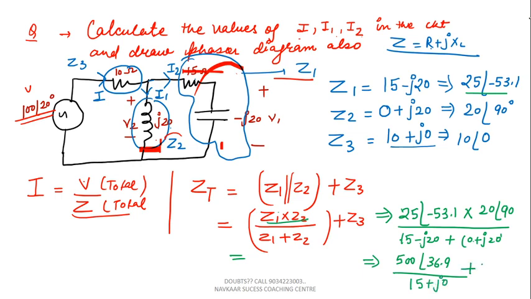Now add Z3 also. Z3 value was 10 plus J0. Converting the rectangular form 15 plus J0 into polar form, we get 15 angle 0.